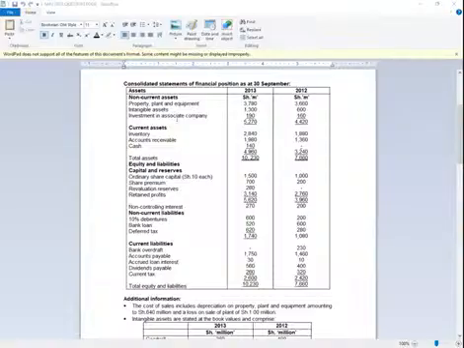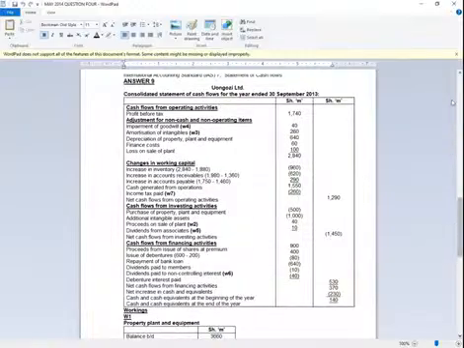Any investment that I make in an associate, I expect dividends. So I'll have something to do with the dividends received from the associate. When you look at this property, plant, and equipment, what have they told us really here?